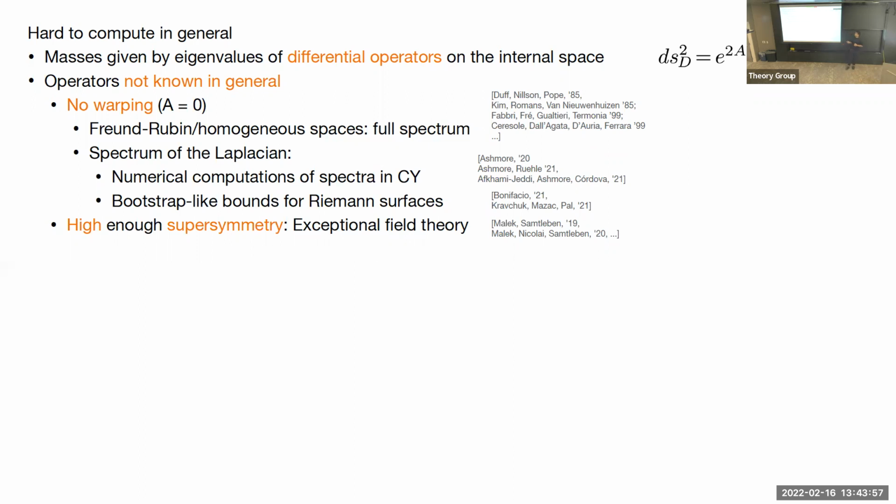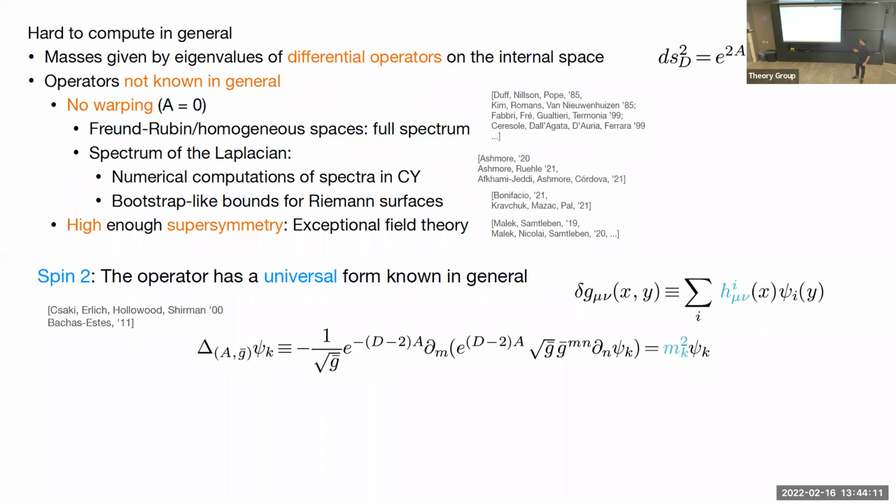So they allow the computation of the Kaluza-Klein spectrum with warping, but they are restricted to supersymmetry. So if you want to be general, it seems that we are out of luck, because in general it's probably really hard. However, the situation is simpler if you focus just on the spin 2 part of the Kaluza-Klein spectrum.